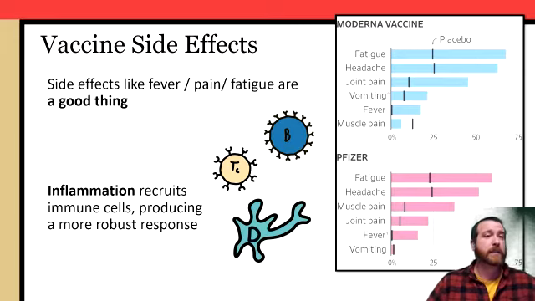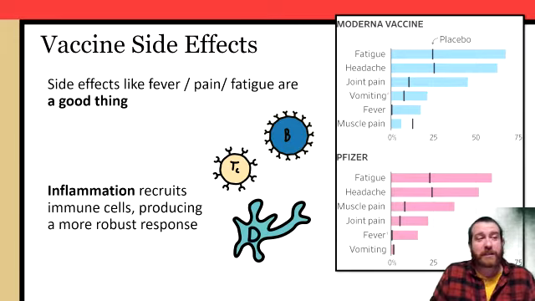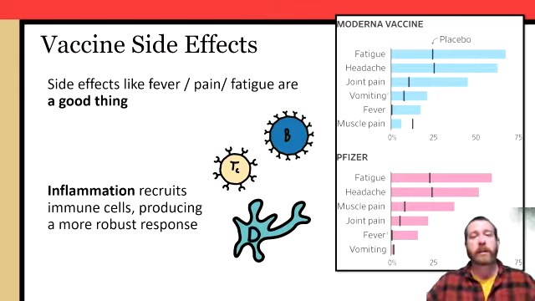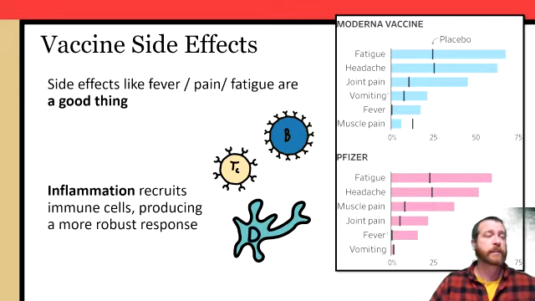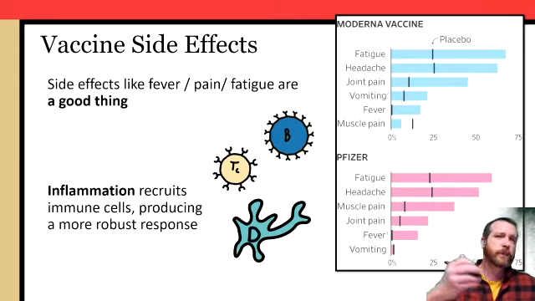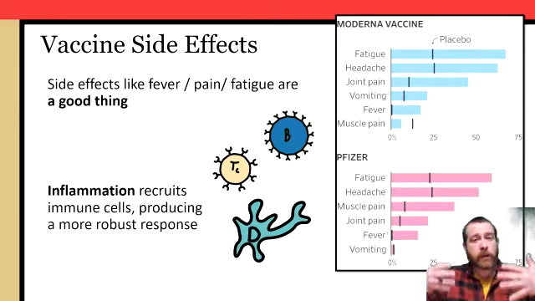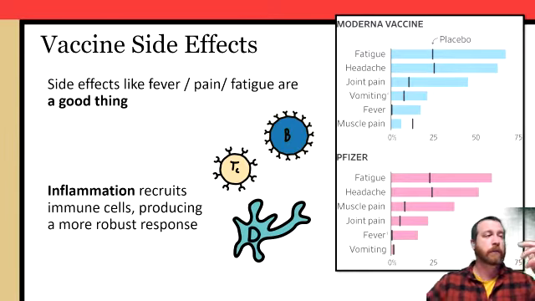It just so happens that this pathogen isn't actually going to cause me any harm because it's just a bunch of spike protein. But I'm producing a robust immune response. I'm recruiting tons of B cells, tons of T cytotoxic and T helper cells to go out and fight spike protein. And then the next time I get exposed to it, I'm going to have a ton of soldiers on my side of the war ready to immediately quash this.